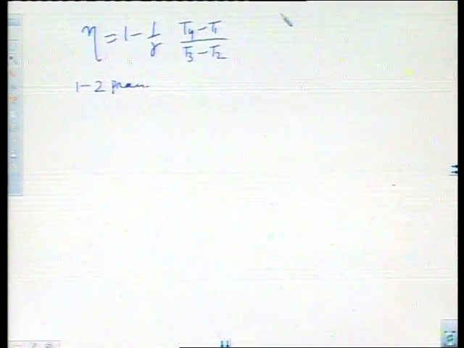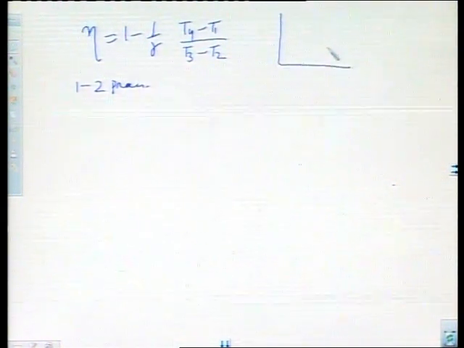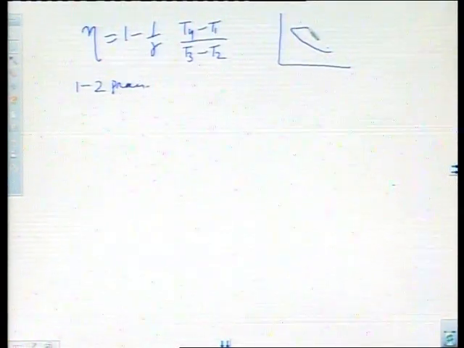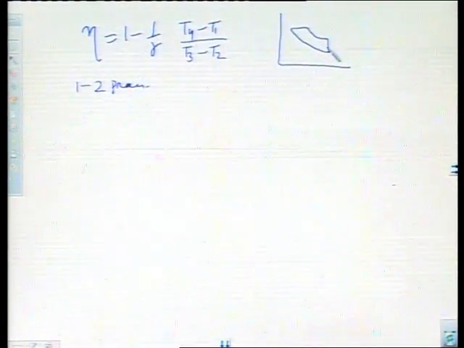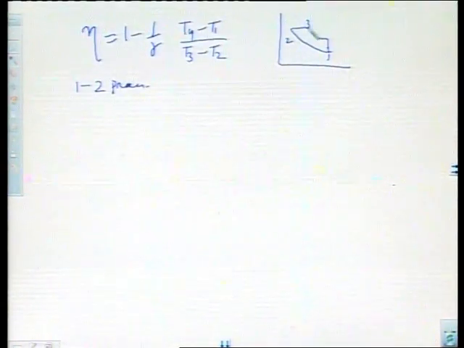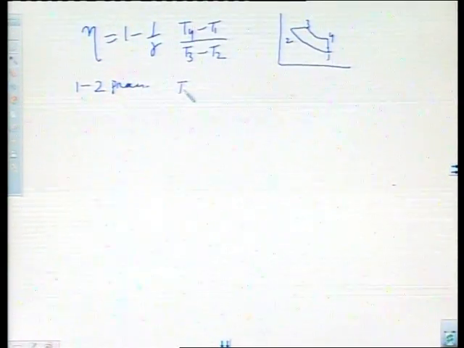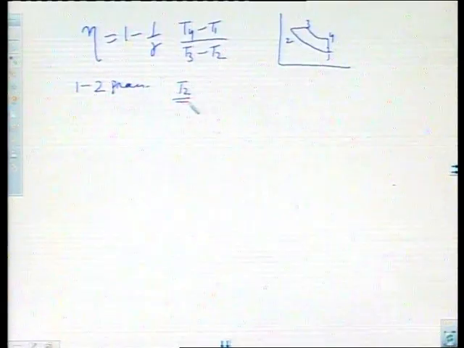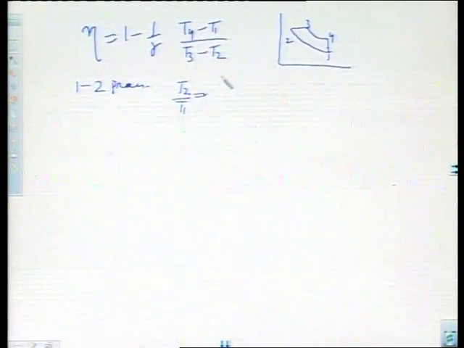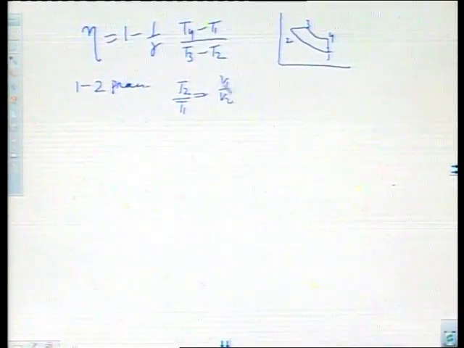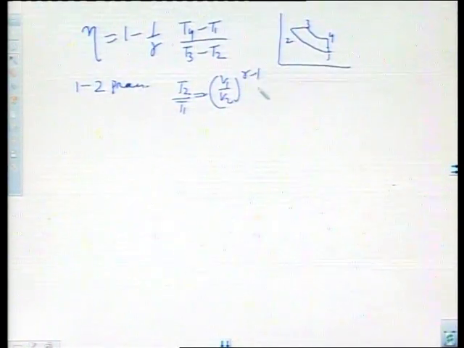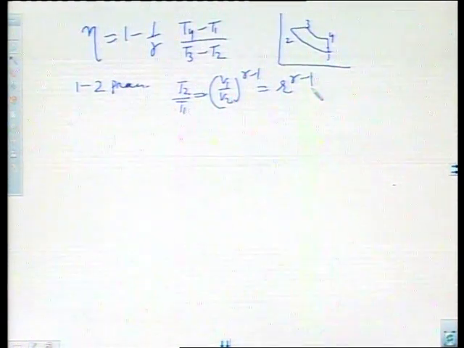I will again show here the graph. T2 divided by T1 is equal to (V1 divided by V2) to the power gamma minus 1, which is R to the power gamma minus 1.